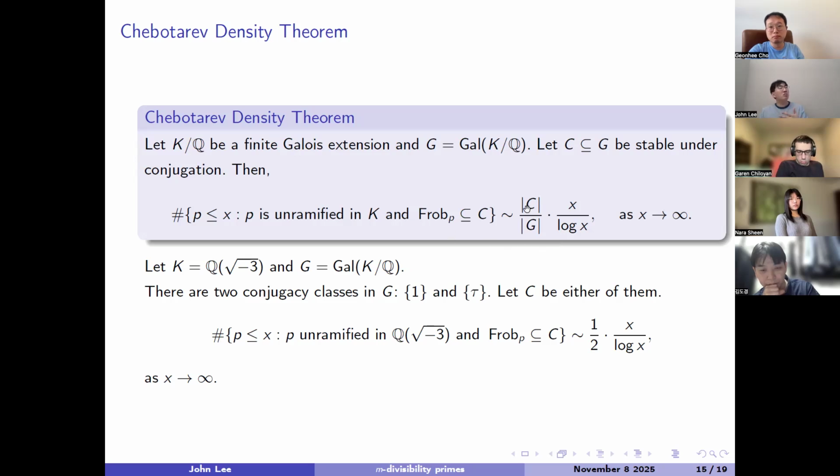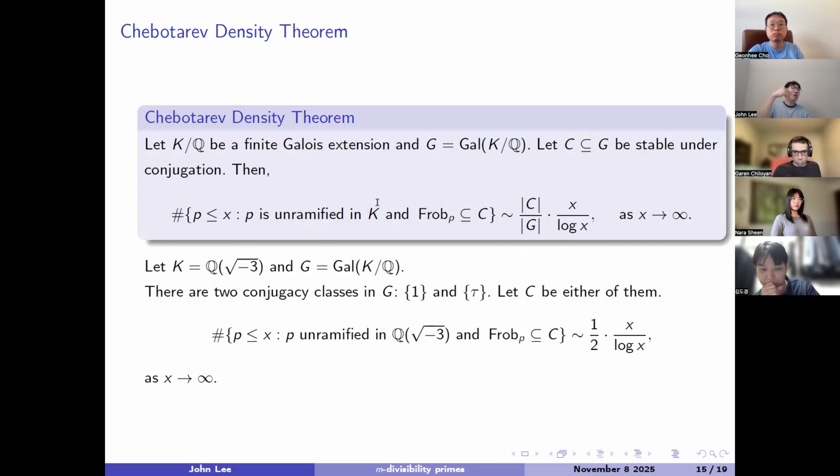Because the number of primes up to X is roughly X over log X, this tells the density of primes with this property is size of C over size of G. By the way, P is unramified. Yes, you can actually replace this by just P in K because there are only finitely many primes ramified in K anyway.